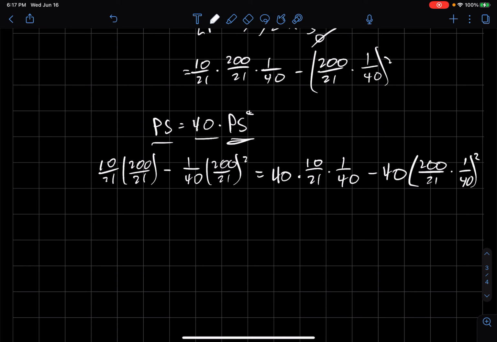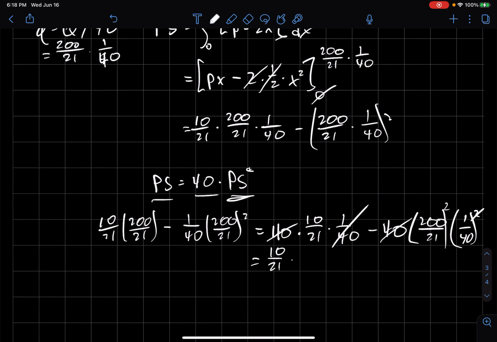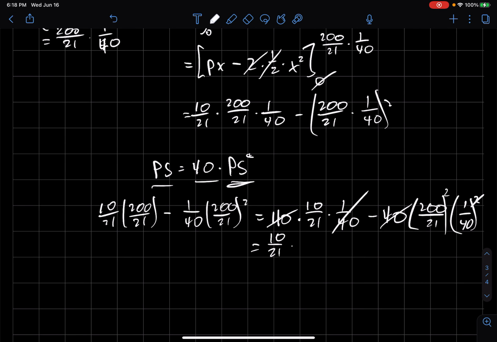Okay, so let's just do some cancellation here. Maybe we'll square both of these. The 40 cancels with the squared, so all we're left with is 10 over 21 times, and what did I forget? Oh yes, sorry, this is getting messy.